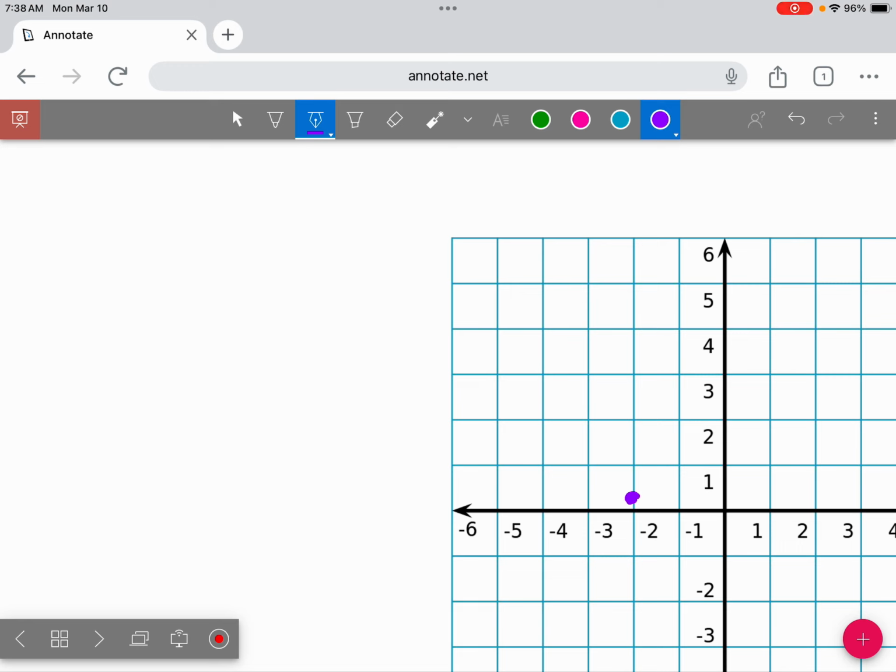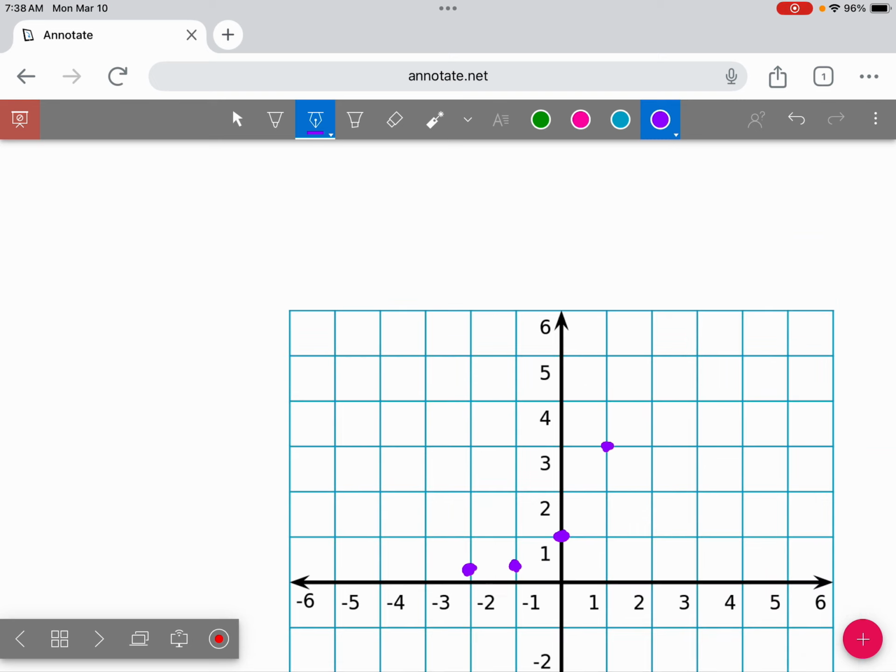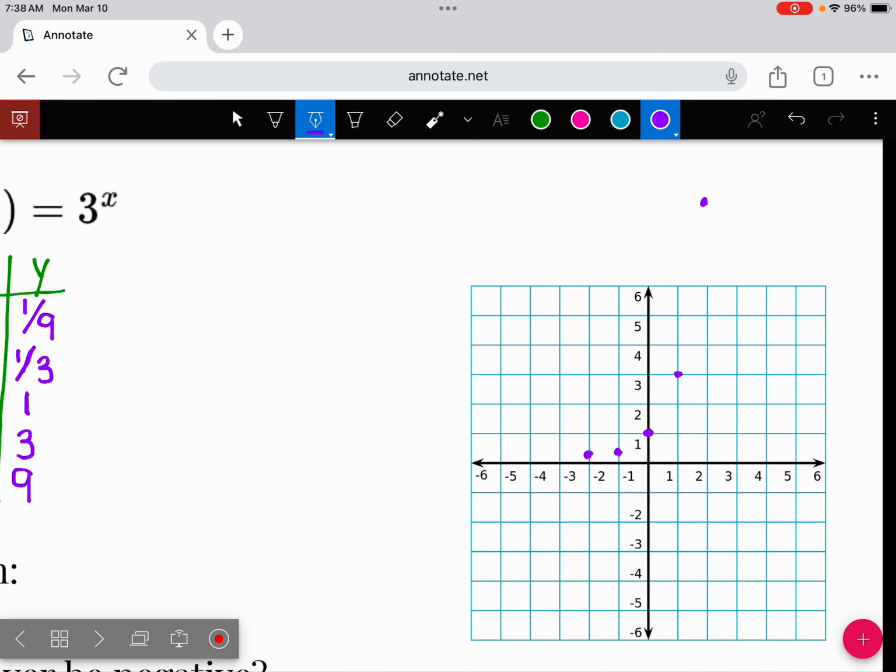So -2, 1/9. -1, 1/3. And we're estimating. We're getting close. 0, 1. 1, 3. I know, I'm hysterical. And 2, 9. Which is off our graph, which we can estimate, or we can say it's up there yonder somewhere.